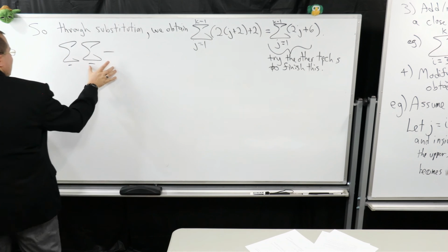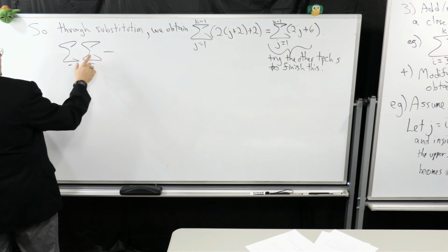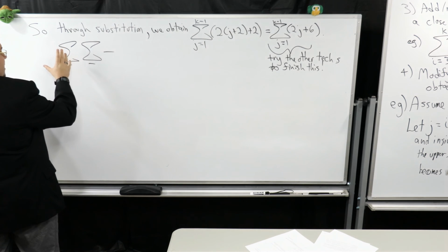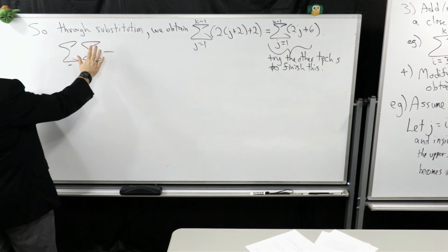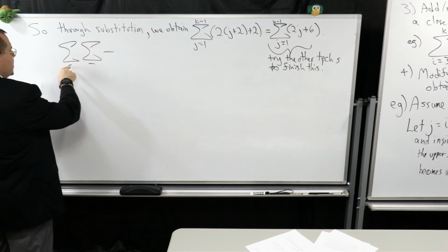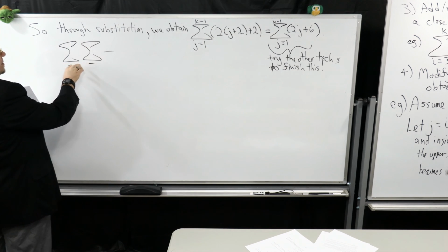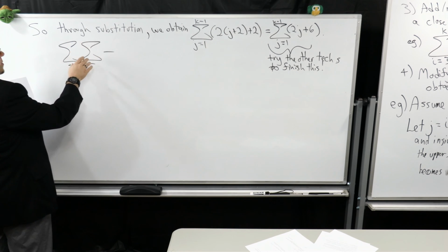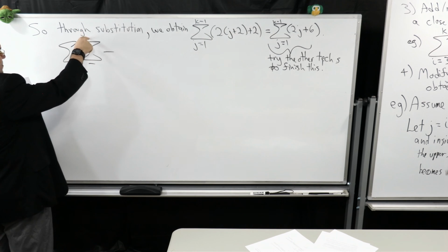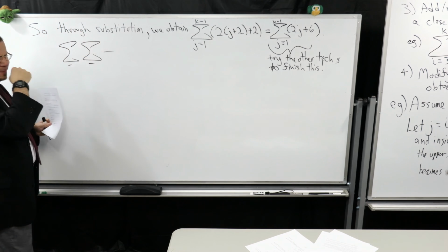Think of this like the outer loop, this is the inner loop. Let's say this was i and this is j. If j relates with i, like say the upper limit of this is i.